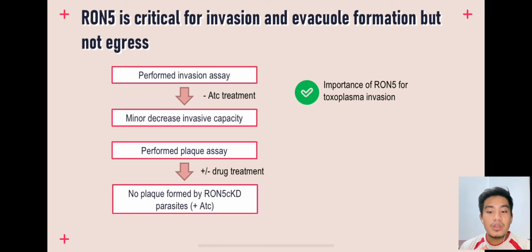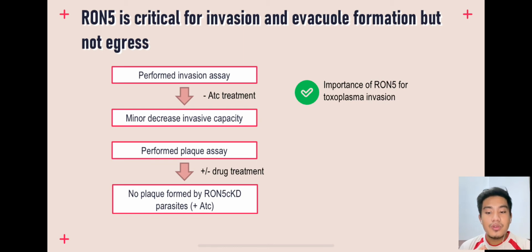To test the importance of RON5 in host cell entry, invasion assays were performed on RON5 CKD parasites depleted of RON5. In the absence of ATC treatment, these parasites have a slight decrease in invasive capacity compared to the parental line, which is likely due to the decreased concentration of RON5 generated in the knockdown strain.